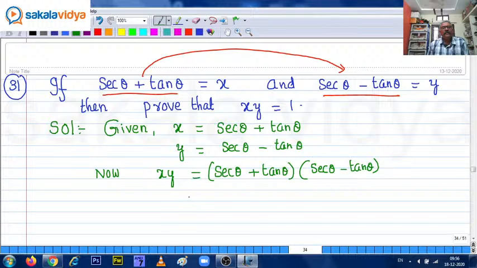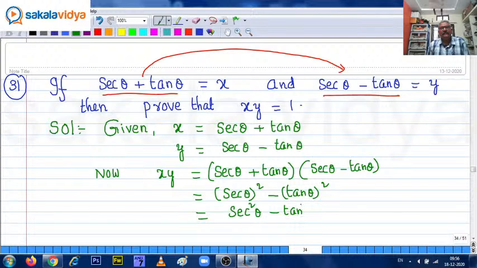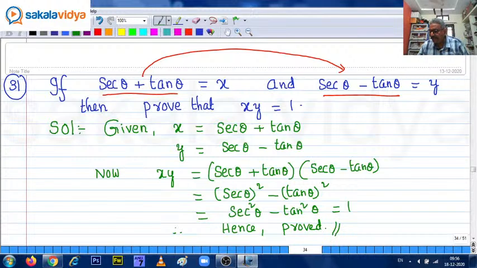A plus b into a minus b, so a square, sec theta whole square minus tan theta whole square. You get secant square theta minus tan square theta, which equals 1. Therefore, hence proved. So check the method.